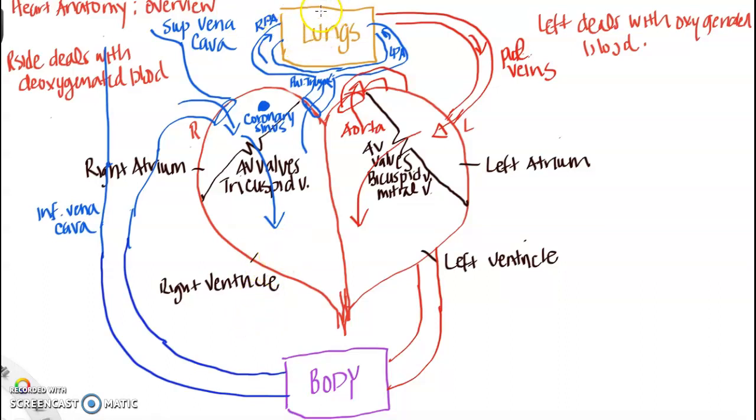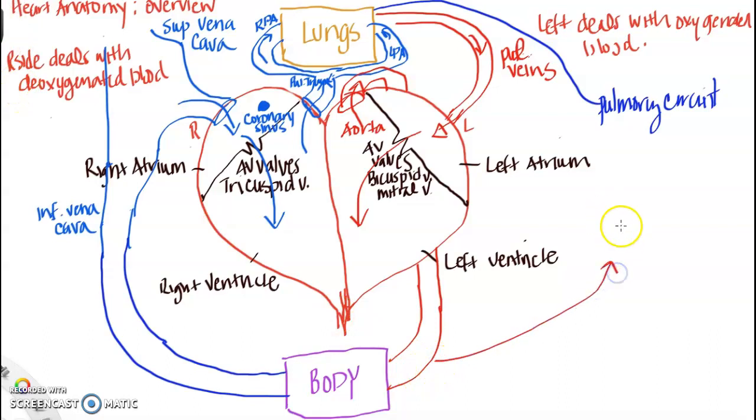This area here where the lungs are, this is called the pulmonary circuit. All right, this area here to the body is called the systemic circuit.